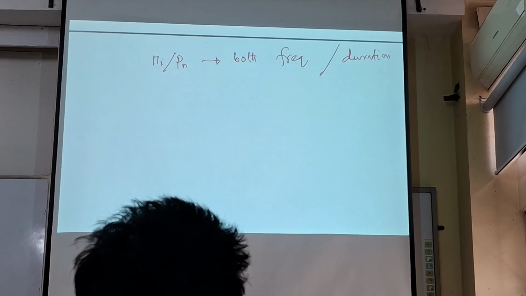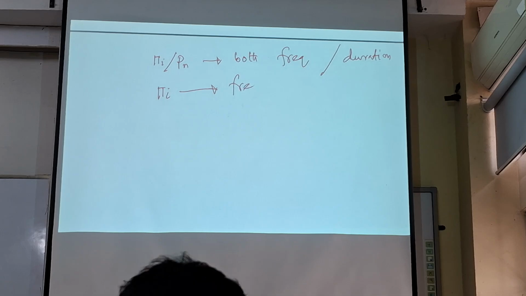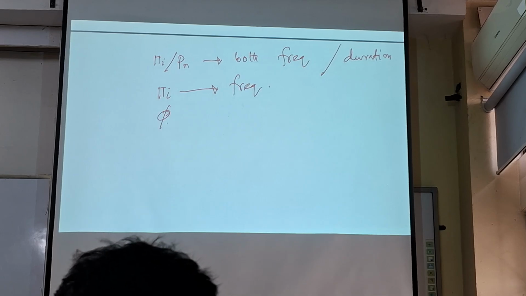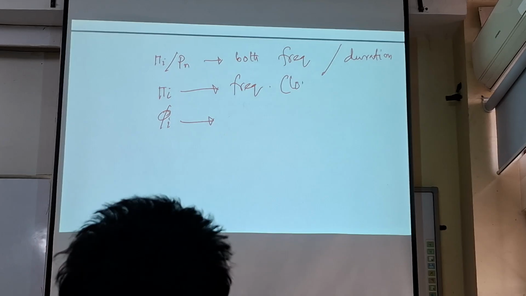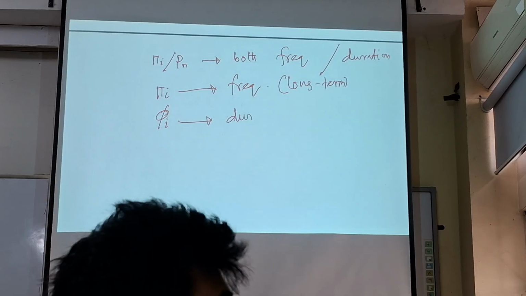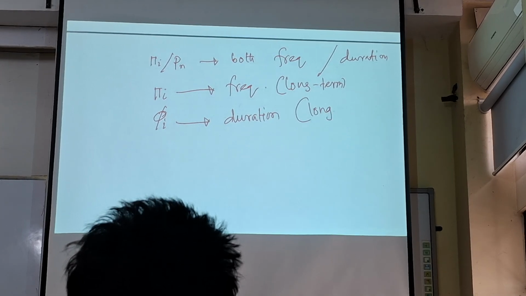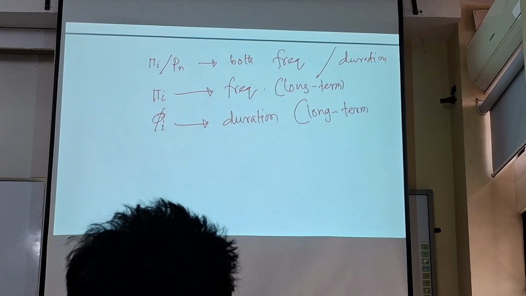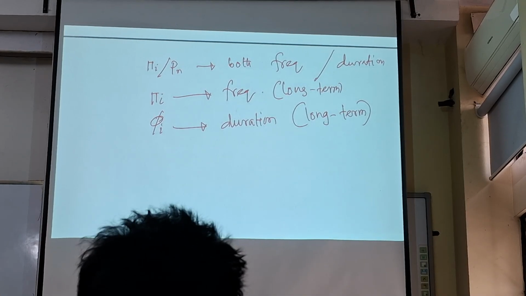But for the semi-Markov chain, p I just tells the frequency and pi I tells the long-term duration. Right? So, how can we calculate this?